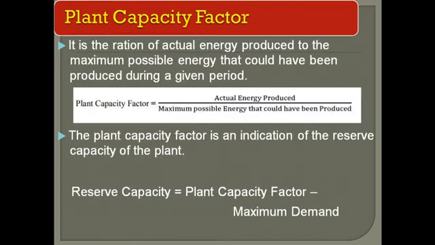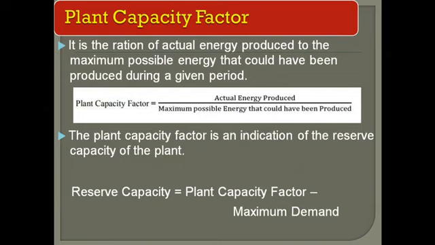Now coming to the plant capacity factor, it is the ratio of actual energy produced to the maximum possible energy that could have been produced during a given period. Simply, it is the actual energy produced divided by the maximum possible energy that can be produced.